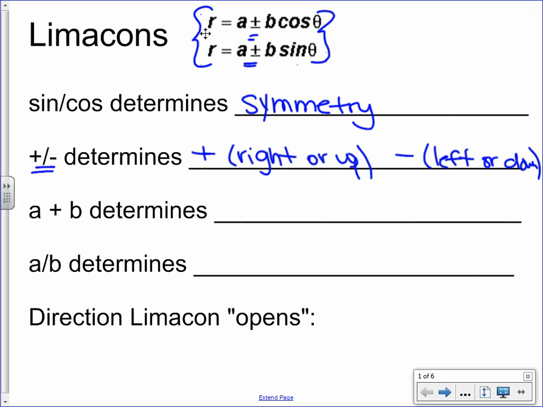All right. Then you had to look at a plus b. What did you notice about a plus b? You look at a lot of these curves. What did a plus b give you? How flat it was? You're on the right track, but you're not quite there. Okay, it has something to do with its size.